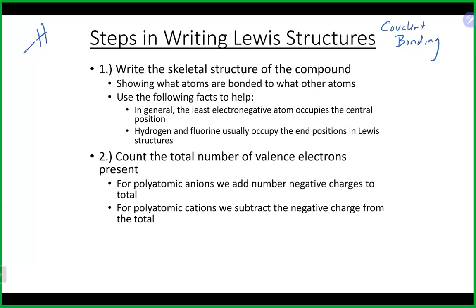If something is positively charged, you need to subtract that positive charge, so if it's a positive ion, you should subtract that number of electrons from your total. Otherwise, you will end up with some unpaired electrons, or too many electrons that you shouldn't have, and that's not good. So if it has a charge, you need to adjust it.